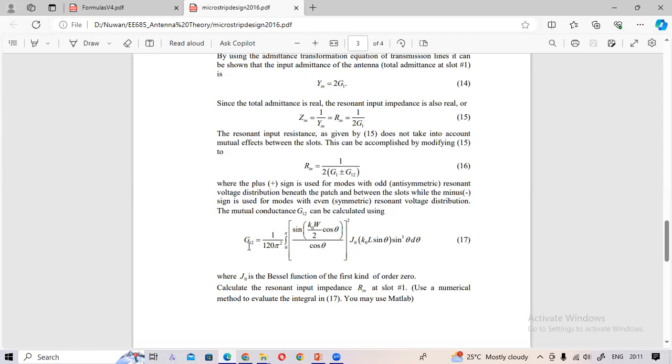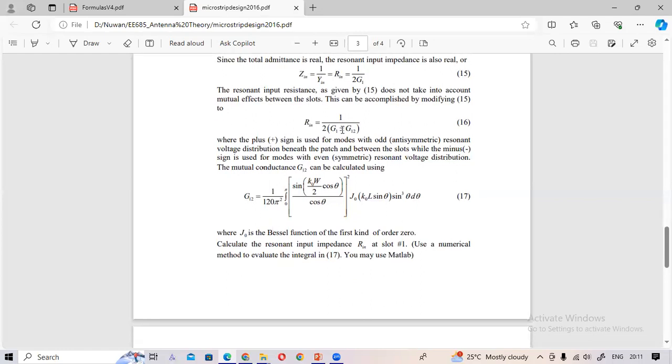Now you have to understand what the mode is, because based on the mode you select plus or minus. The plus sign is used for a mode with odd antimetric resonant voltage distribution in the slot, while the minus sign is for a mode with even symmetric resonant voltage of mutual conductance.